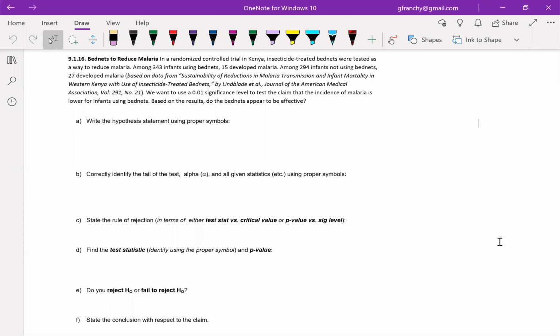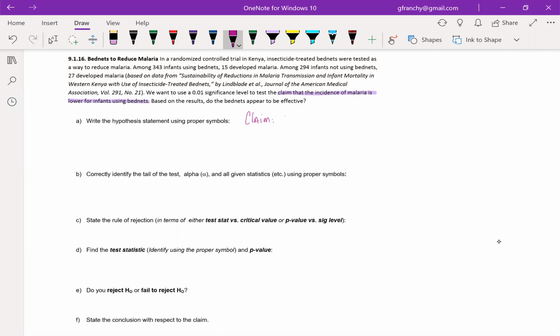So first thing that we want to do is go ahead and identify the claim. And our claim here is that the incidence of malaria is lower for infants using bed nets.